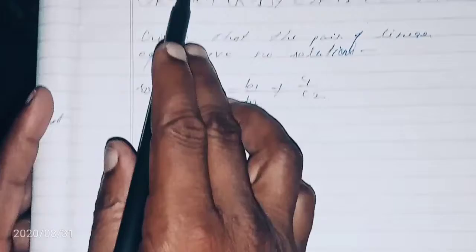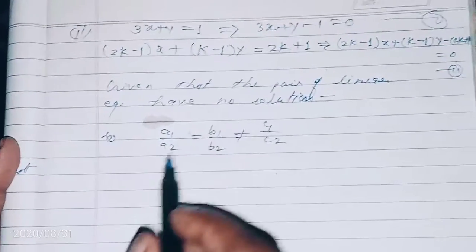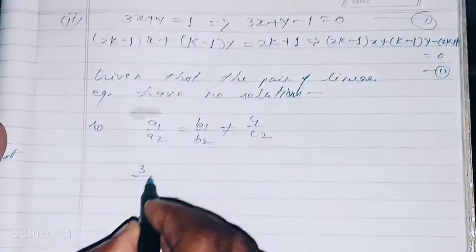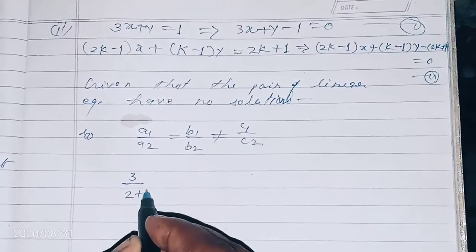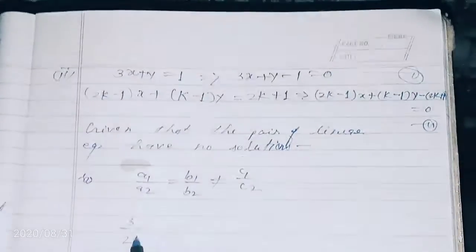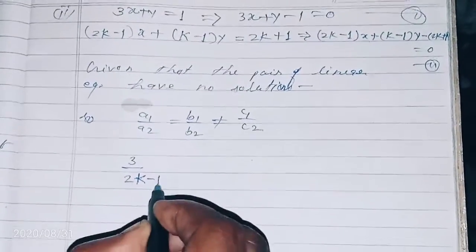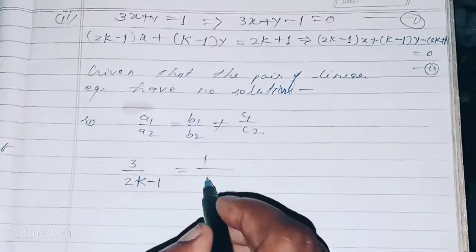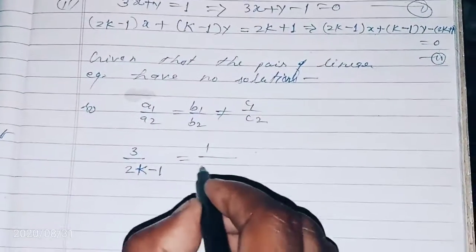Now a1 is equal to 3, a2 is 2k minus 1, b1 is 1 and b2 is k minus 1.